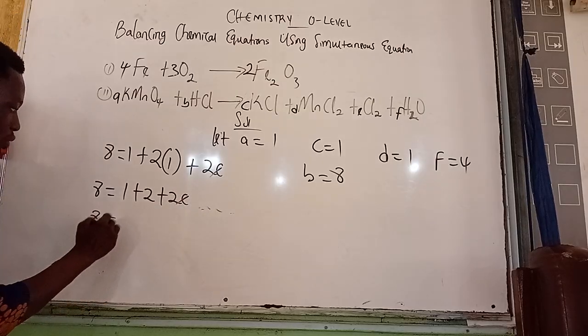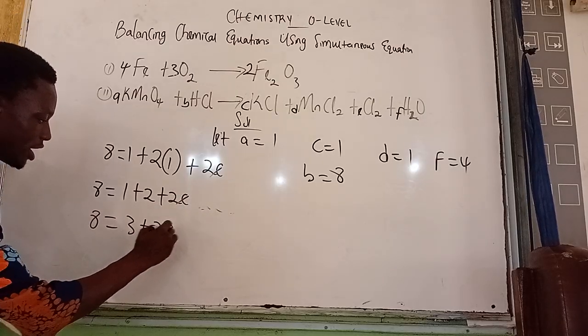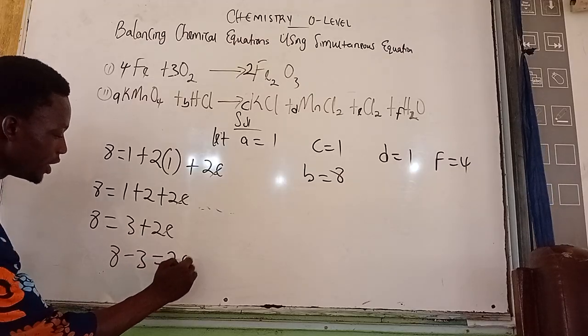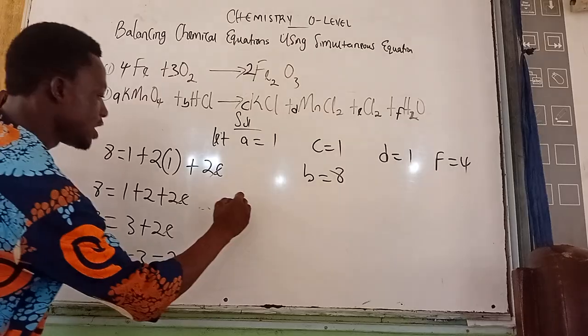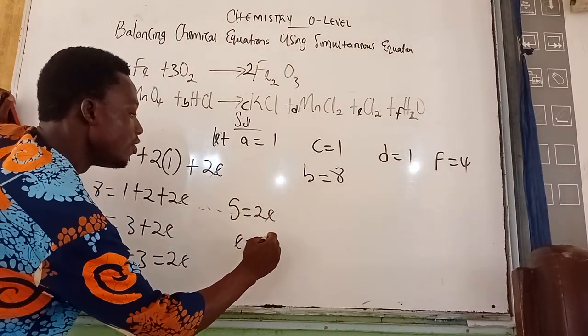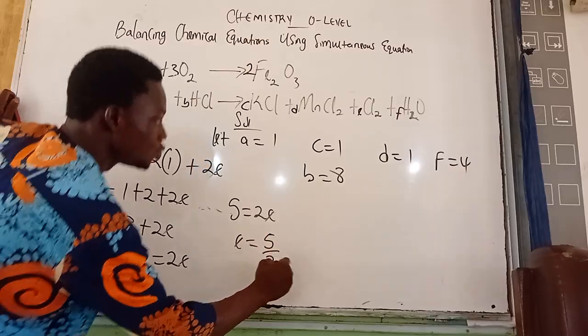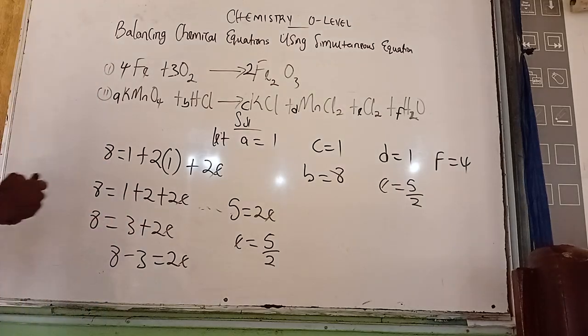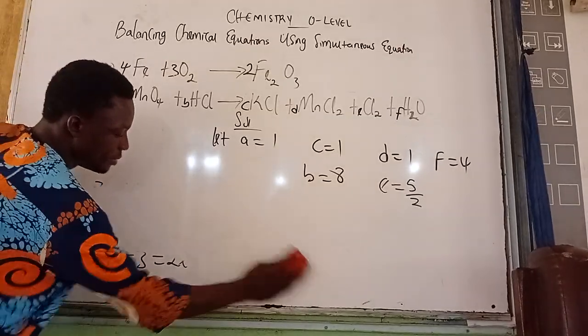That means 8 equals 3 plus 2E. That means 8 minus 3 equals 2E. That means 5 equals 2E. That means E equals 5 over 2. Is that clear? So now we've gotten A, B, C, D, and E.